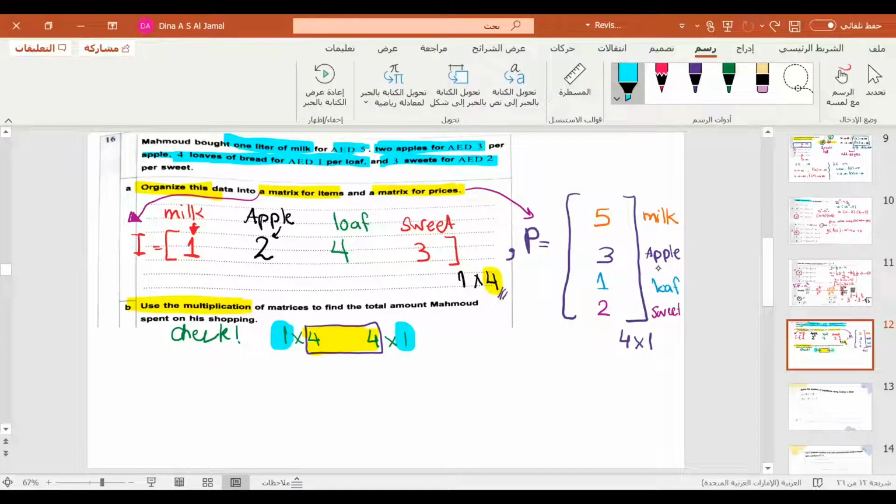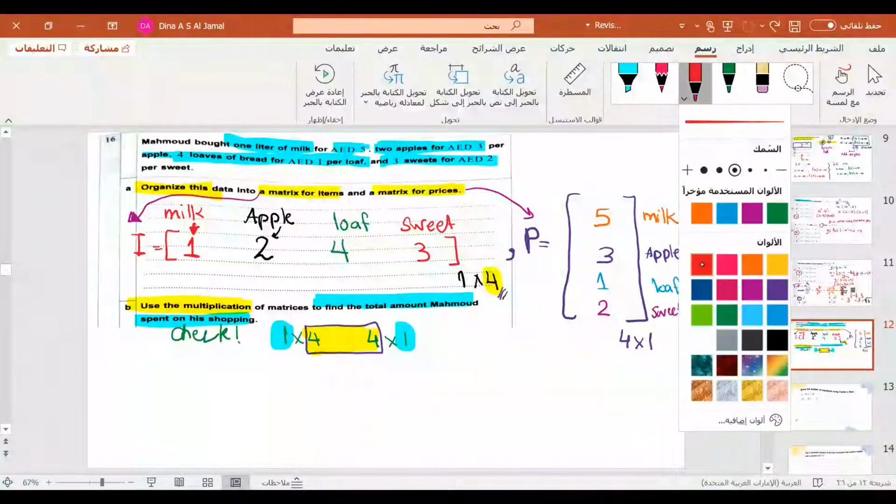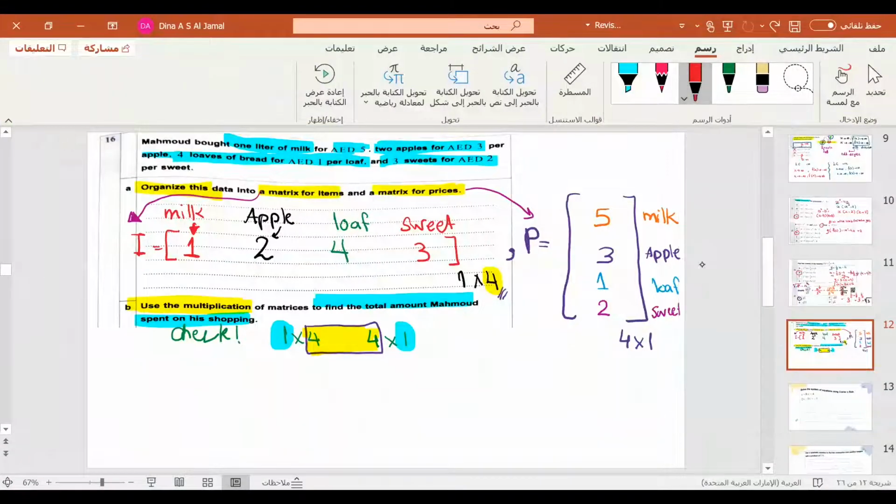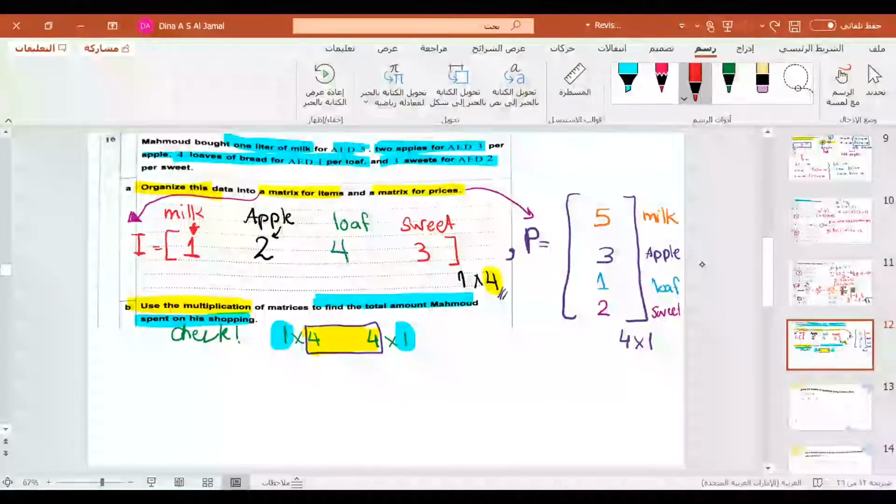And why would he like you to multiply? To find the total amount that he spent. So you already know that when you buy something like this, and with amounts, you will get only the final cost, which is 1 element. So when it is 1 element, that means you only need 1 row and 1 column, nothing more than this.